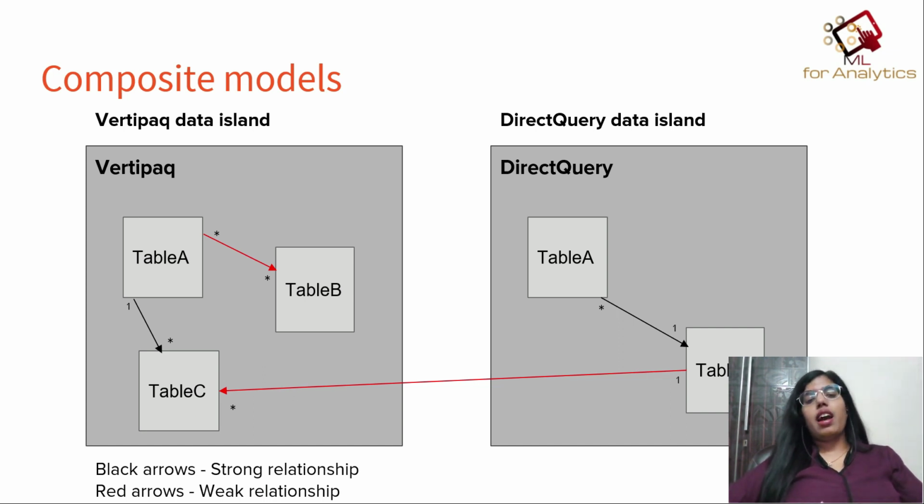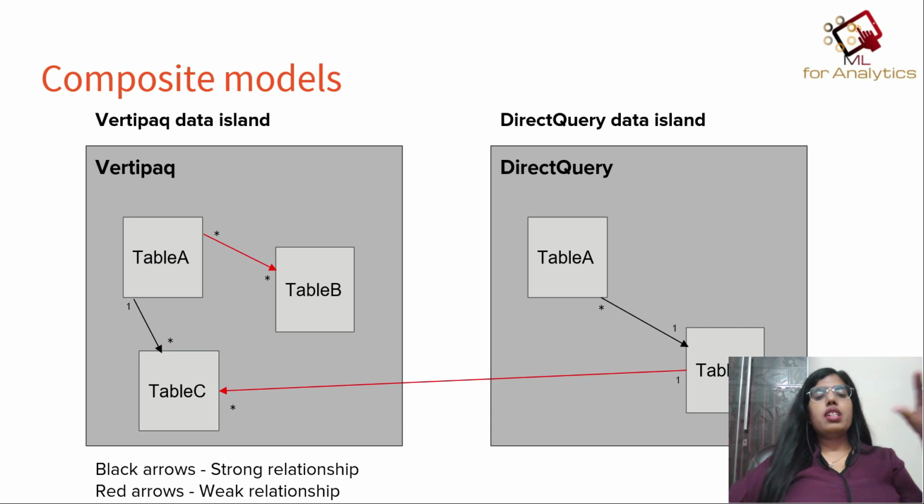You can see that all of these arrows are in two colors. One is black and the other one is red. Black arrows depict strong relationships over here, and red arrows depict weak relationships.